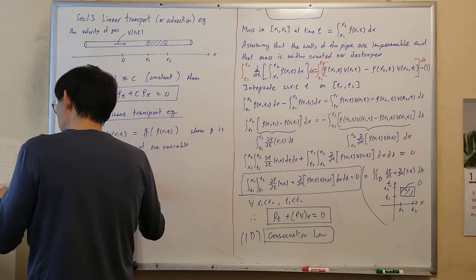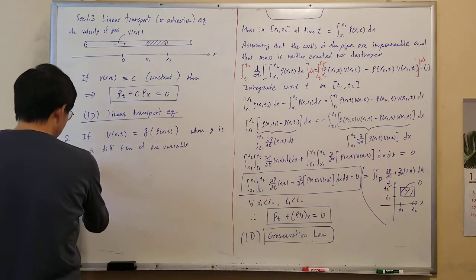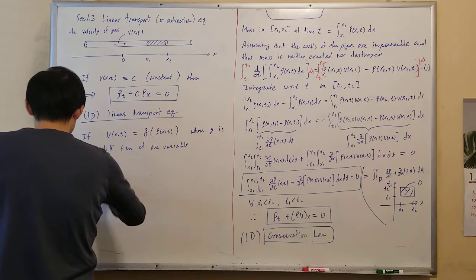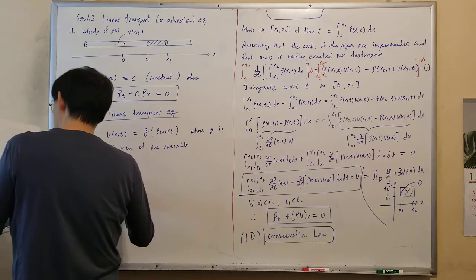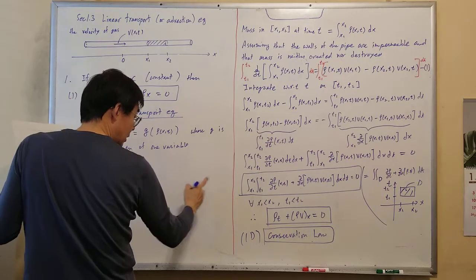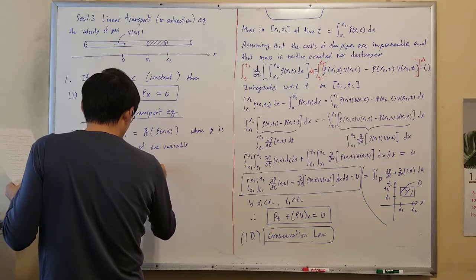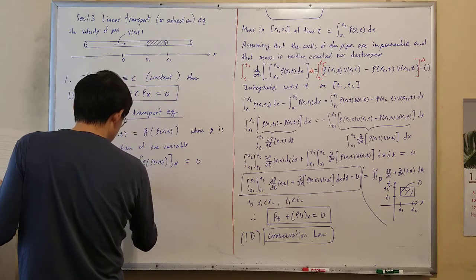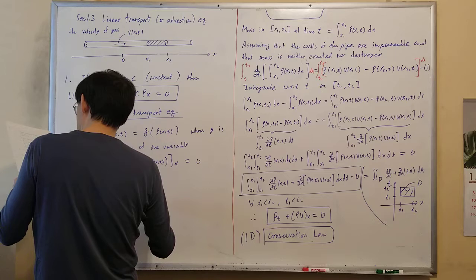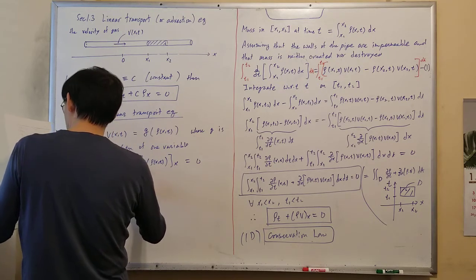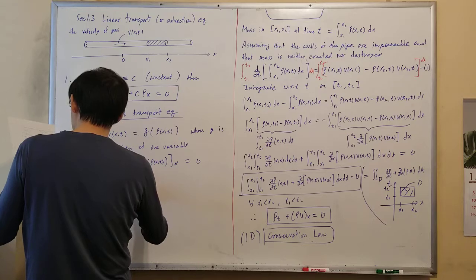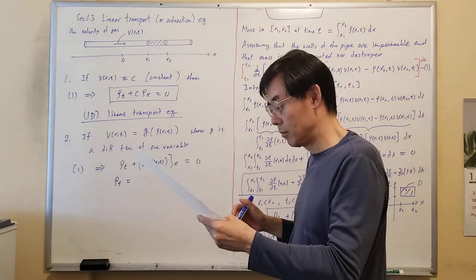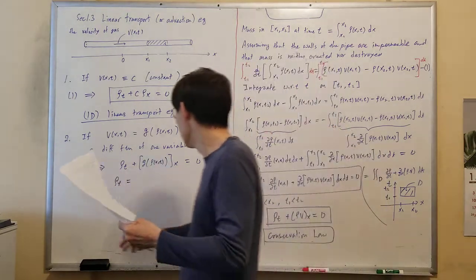Then this equation becomes rho sub t plus g of rho of x, t, sub x equals 0. No, I'm sorry.